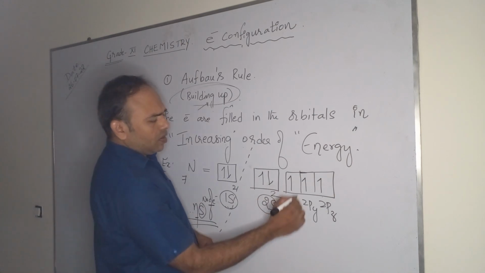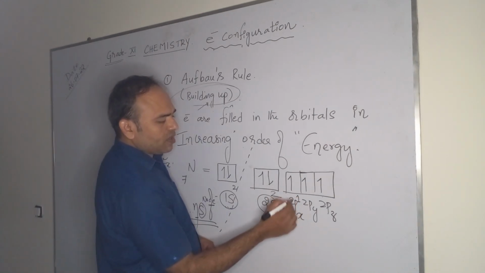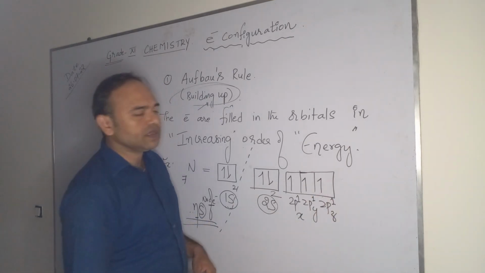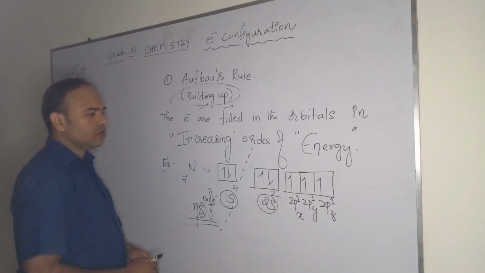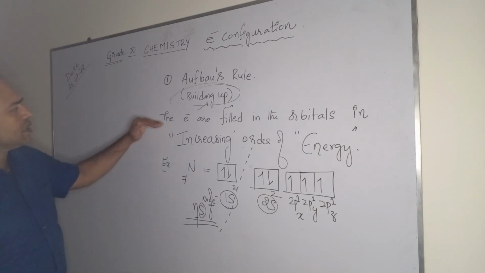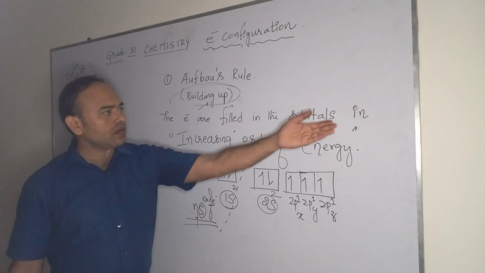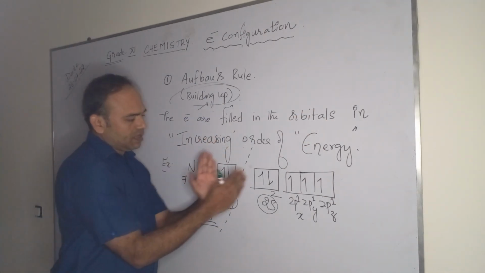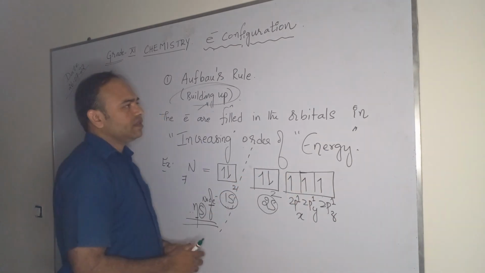Next, 2px 1 electron, 2py 1 electron, and 2pz 1 electron, written as 1. So hope you have understood this. So this is about Aufbau's rule. The electrons are filled in the orbitals in the increasing order. That means first low energy 1s, then 2s, 2p in this order.